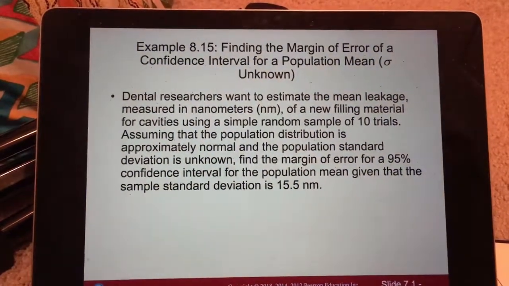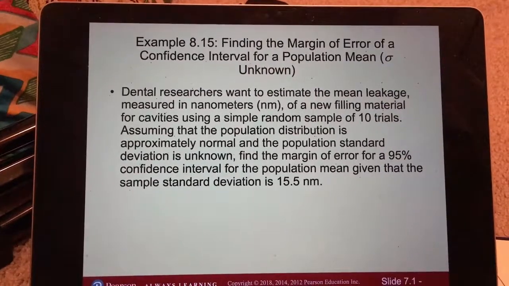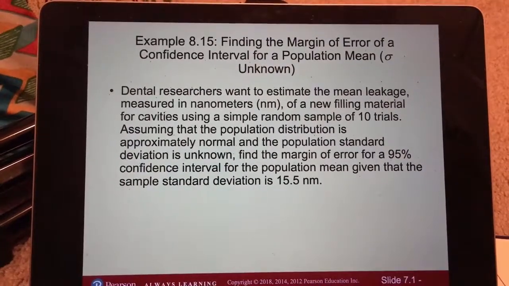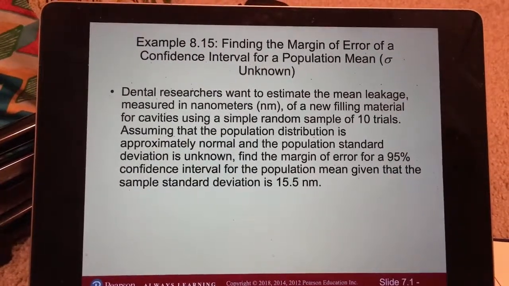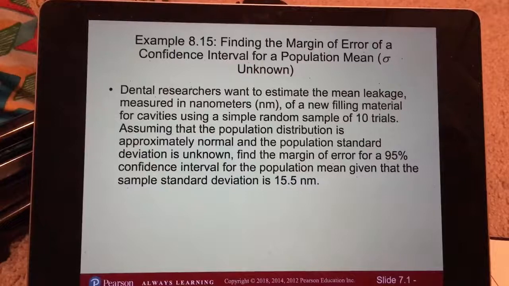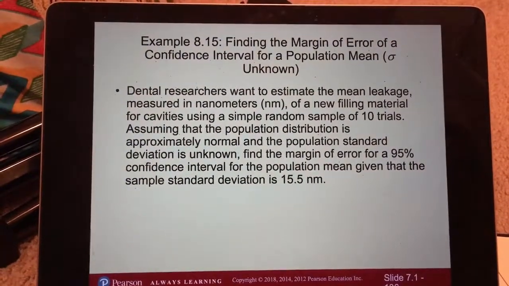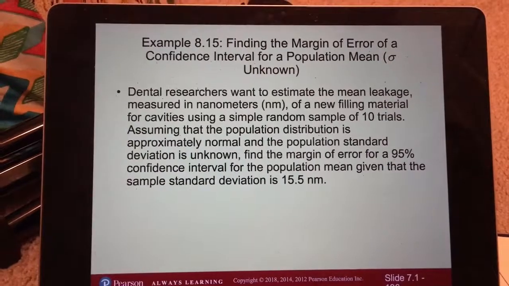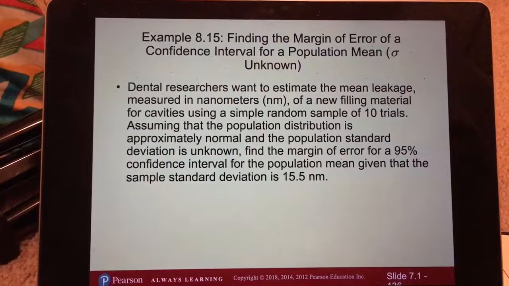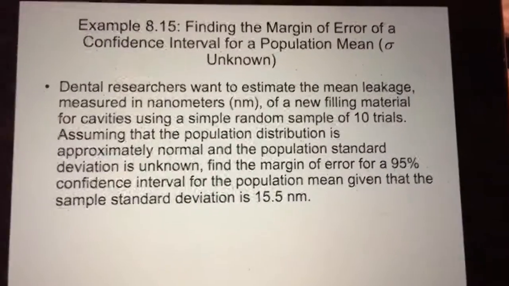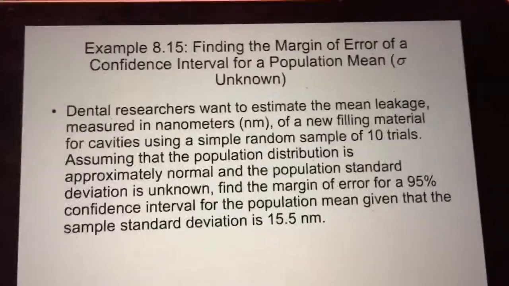Okay, so now we're starting to talk about something new: finding the margin of error of a confidence interval for a population mean. So now we're starting margin of error. Everything before that was how to use the t distribution, and I gave you a whole bunch of examples, and I want you to go back through and do it until you are a master at the t distribution. So now let's start here with finding the margin of error of a confidence interval for a population mean.